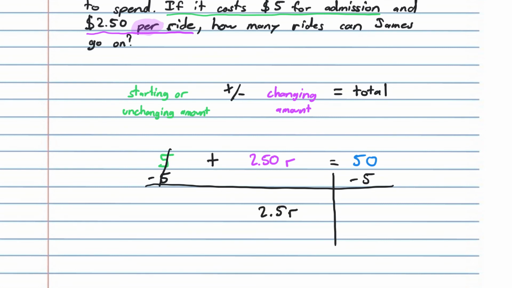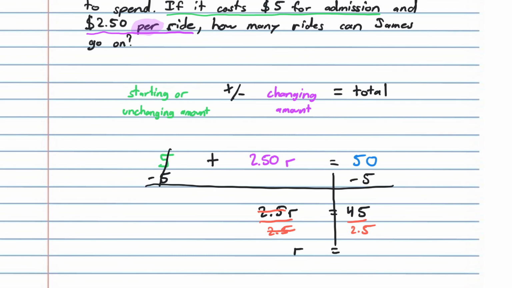And 50 minus 5 gives you 45. Now we can get rid of that 2.5. It's attached to the R, so let's divide it to the other side. The 2.5s cancel each other out, and we're left with R. If you need to, use a calculator here.